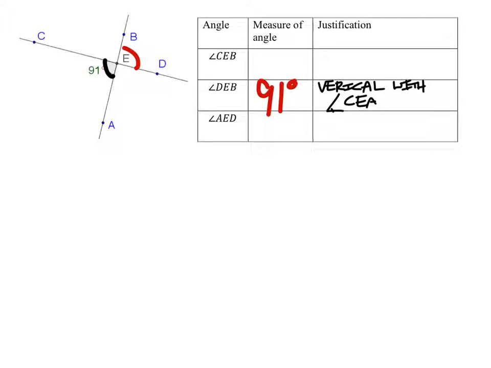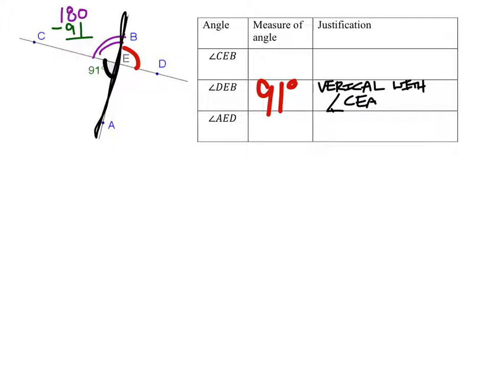Alright, this one, let's look at angle CEB, which is this angle right here. Now if we look, this creates a straight line with angle CEA, which means that they are supplementary. And so if I want to solve for it, I'm going to take 180, that's supplementary, but I already have one of the angles is 91.